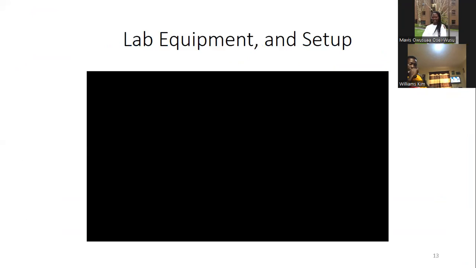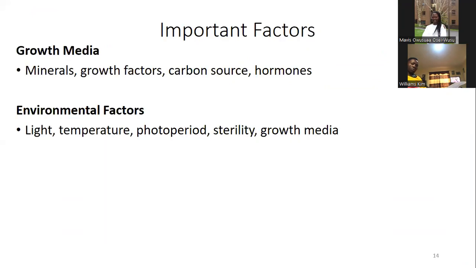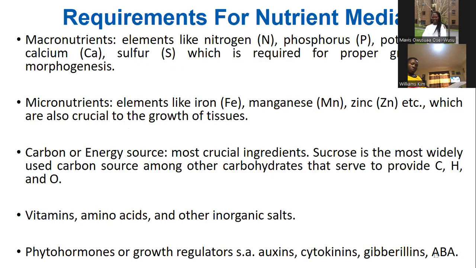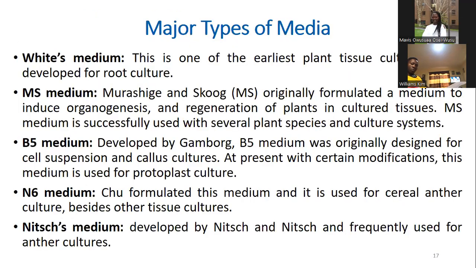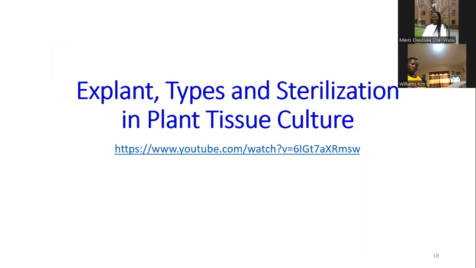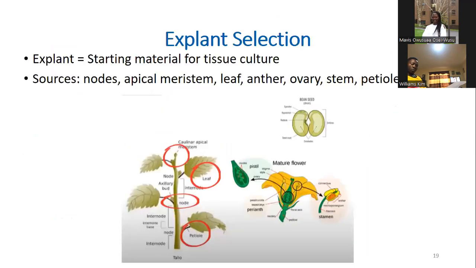We talked about the lab setup, why it is important to keep things separate, the media room separate from where you actually do your culturing and subculturing, why it is important to do sterilization during tissue culture, and the types of sterilization that we have. We also talked about the plant media, its components, and some types of plant media as well.